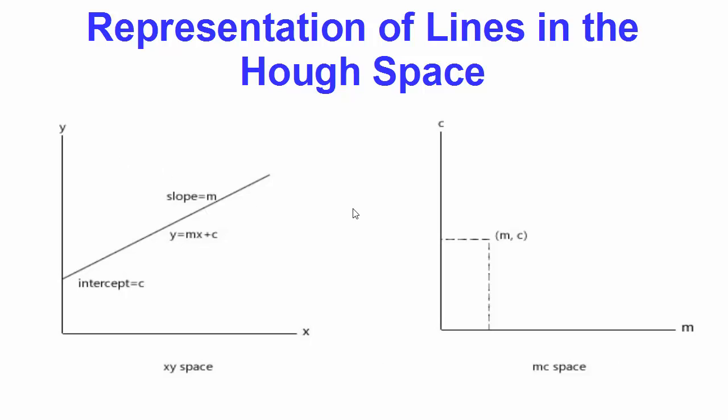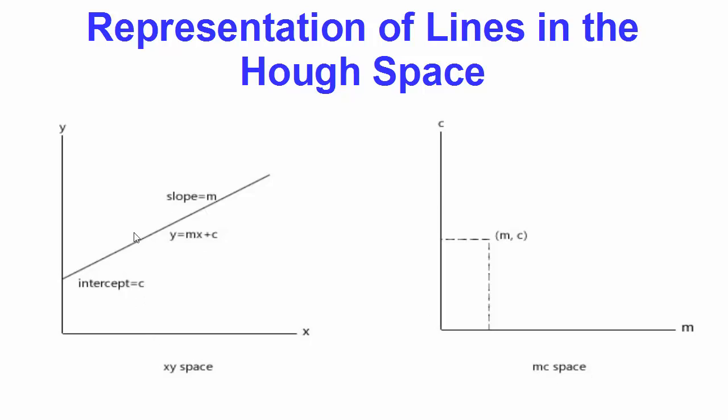Now in Hough transform, you can represent this line in another form also, and this is called the MC space or the Hough space. Using this equation, when you take m on this axis and c on this vertical axis, this is called the MC space.